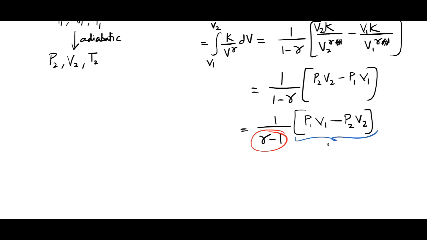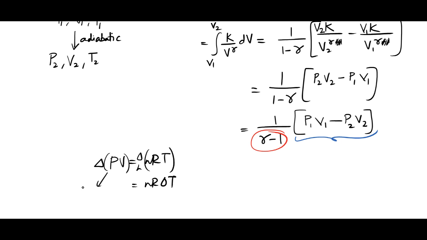Now the same is true for an adiabatic process, because the work done is 1 upon gamma minus 1 into P1 V1 minus P2 V2, but we can use the equation of state for an ideal gas, which says that PV is equal to nRT, and therefore it would mean that delta of PV is equal to delta of nRT, or if you want, you could write it as nR delta T, because n and R are constants.